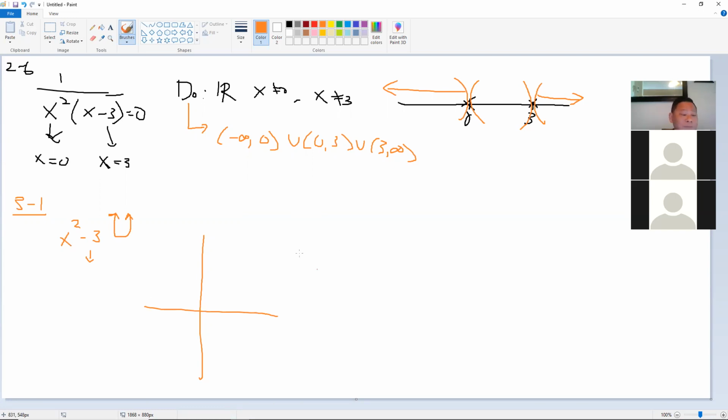That's wrong. Left, right, up or down? Which one? So this means you're going down 3. It's a parabola that goes down to minus 3. So this is what your graph looks like. Can someone tell me what your vertex is?